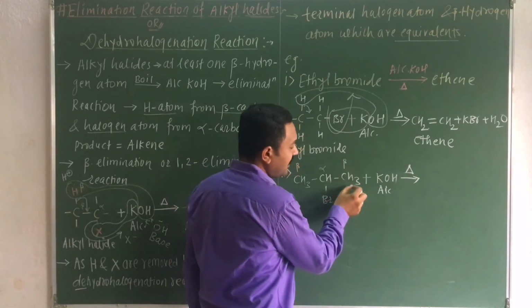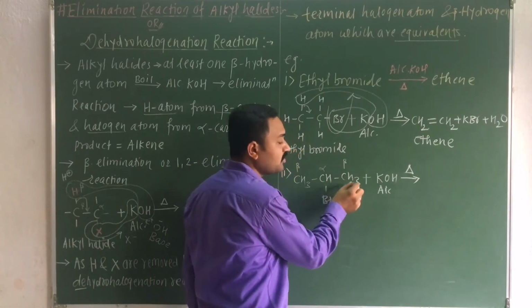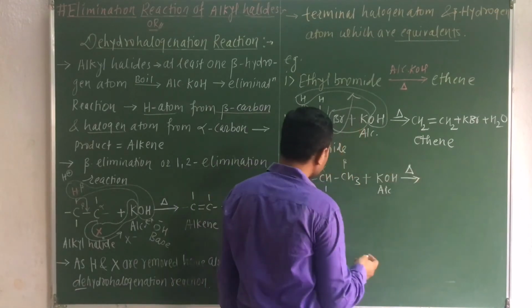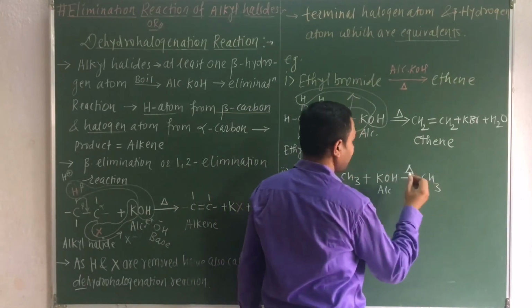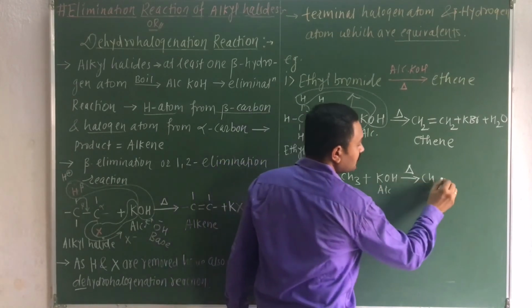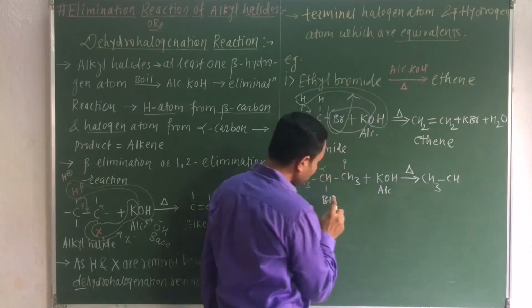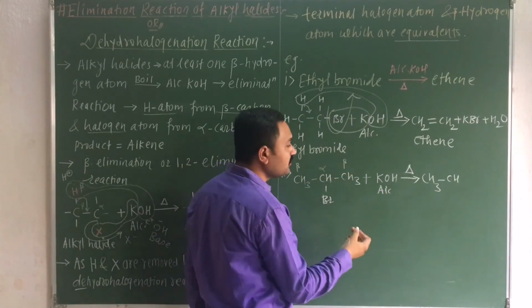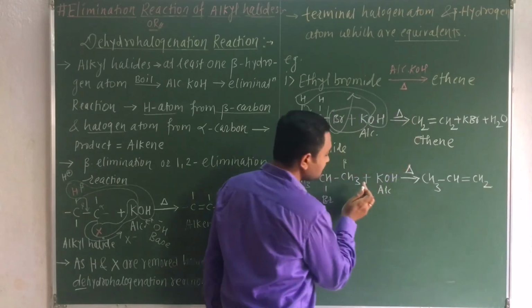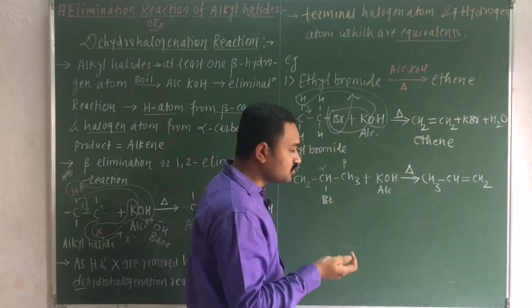For example, if I have removed the beta hydrogen atom from this carbon atom, then what will happen? We know that CH3 group will remain as it is. Now CH, the bromine acts as a leaving group here, so there will be a double bond and the CH3 group will convert to the CH2 group.